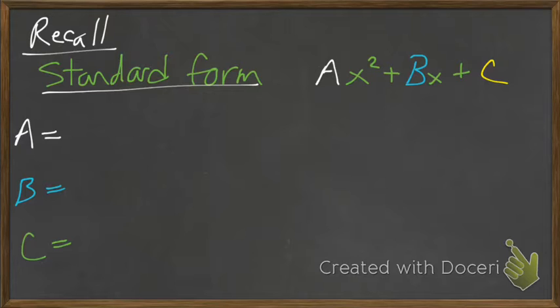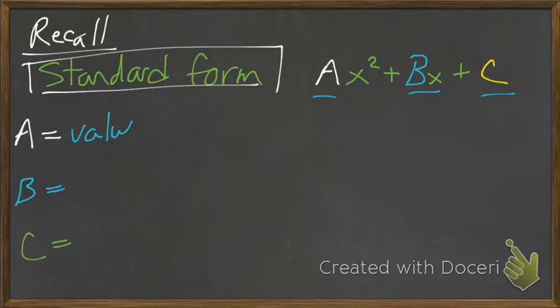So, recalling standard form. We have ax squared plus bx plus c. The a represents the value in front of x squared, as you can see right there.